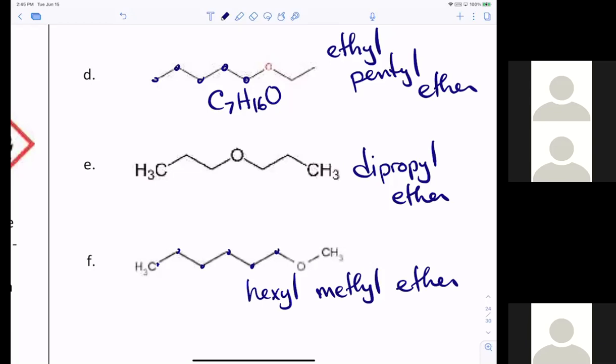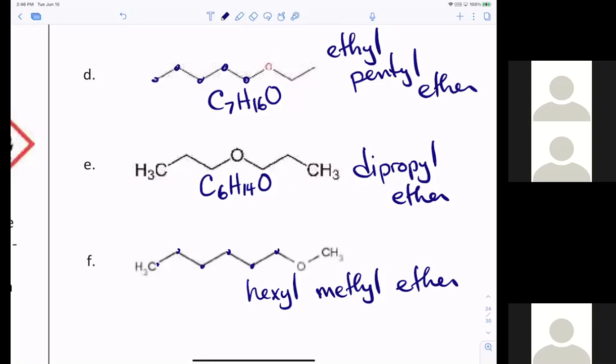How many carbons are in there? Six. C6. So how many hydrogens if we're thinking that it's just an alkane? C6H14, but then it's an ether, so there's an O in there as well, right? So it's just an alkane with an O stuck in there, right?